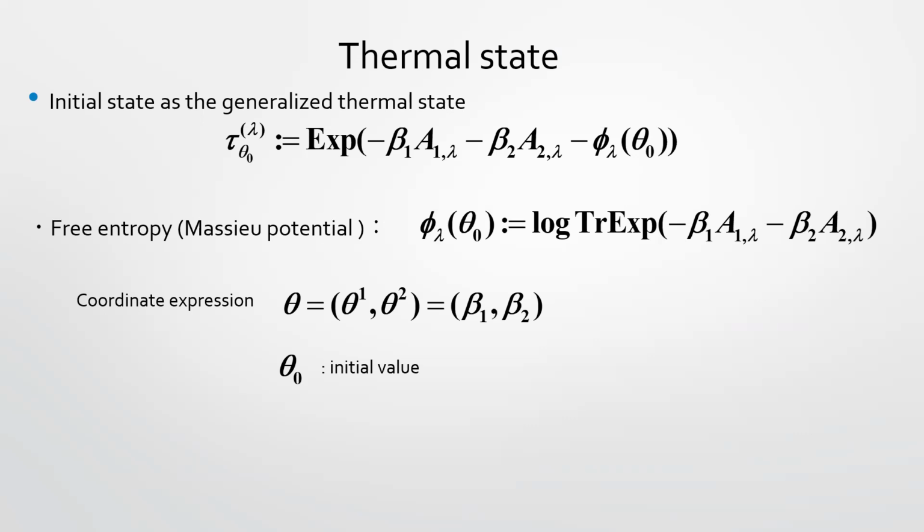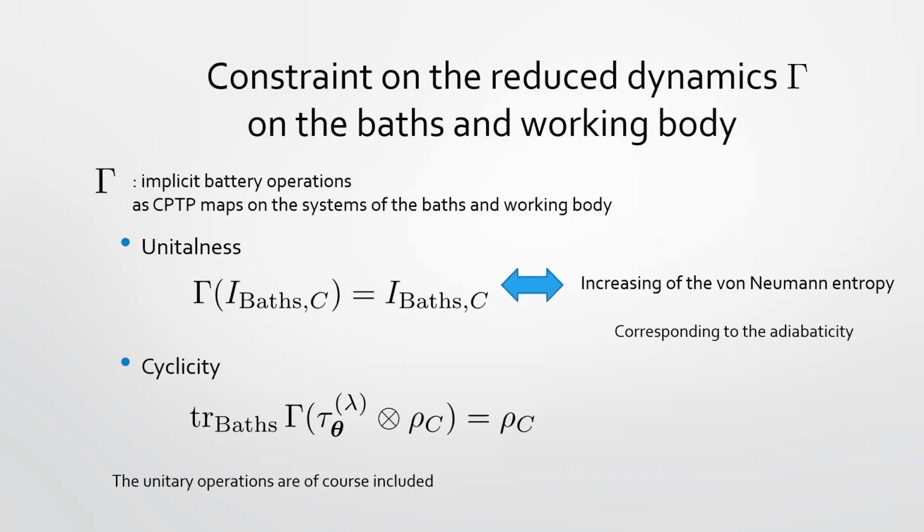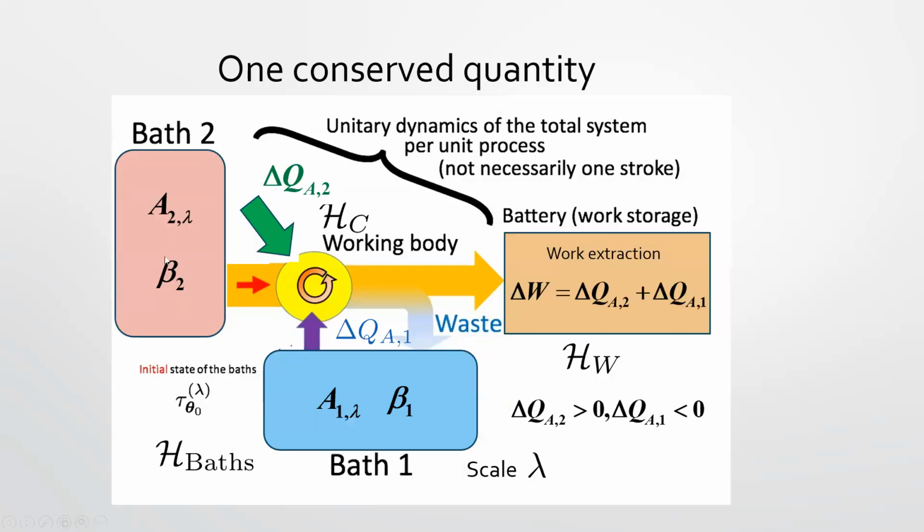But here the bath is finite and somewhat messy. So I was wondering, what is this parameter? Would there be any way to estimate or measure this parameter? Do you understand my question?